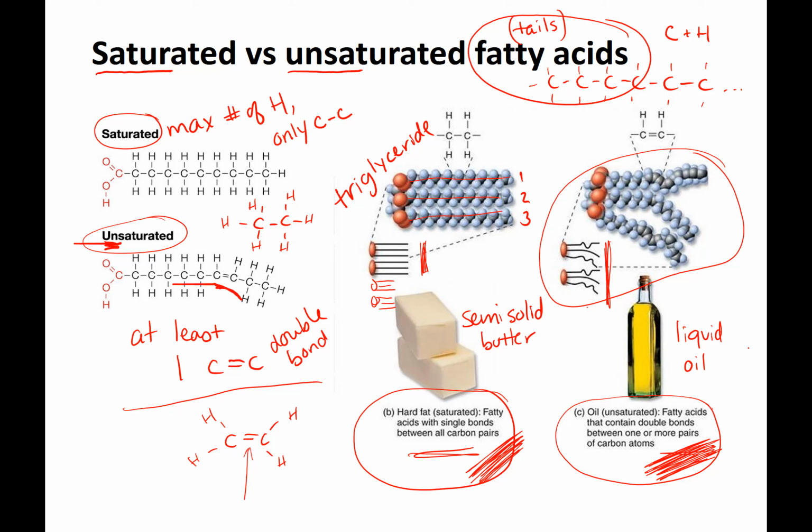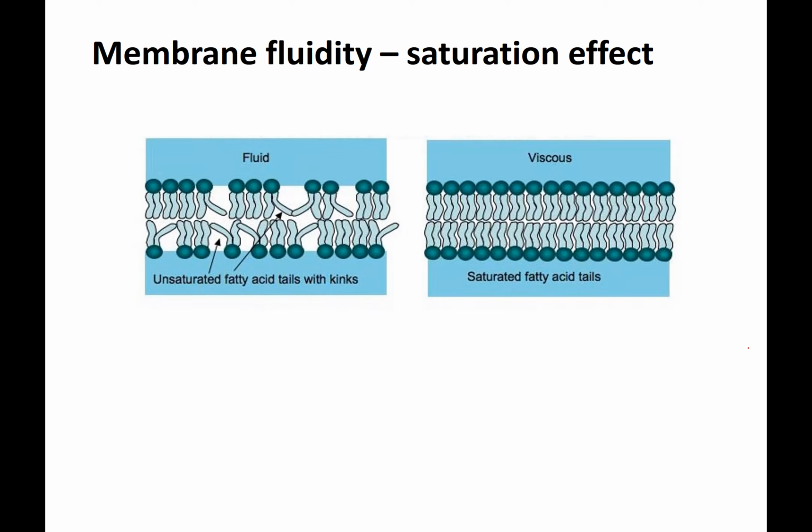Okay, so you know what a membrane is made of. A key concept is fluidity. Membrane fluidity. We want our membrane, and things in the membrane, to be able to move around.